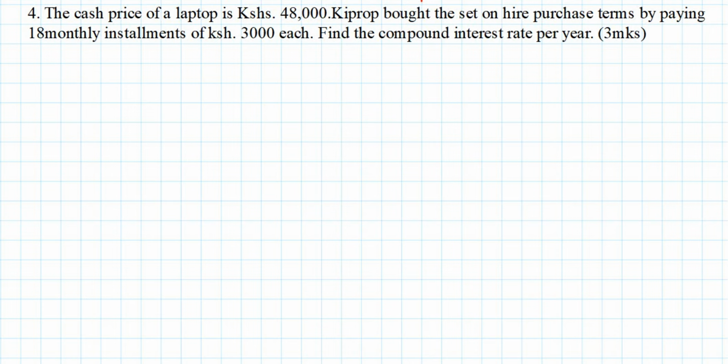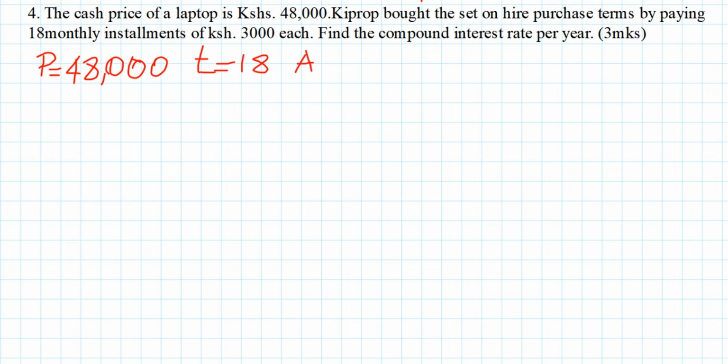And so in this case, it means our principal is going to be equal to the 48,000, which was the cash price. And then as you've been doing, our time is going to be the 18 monthly installments, since Kiprop is paying monthly and the interest is being compounded per month.